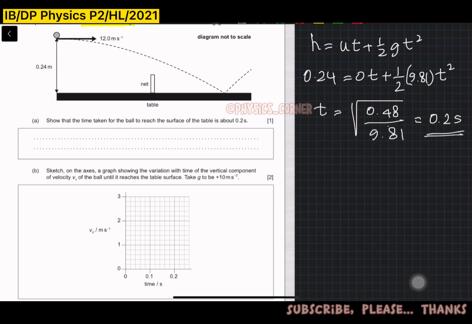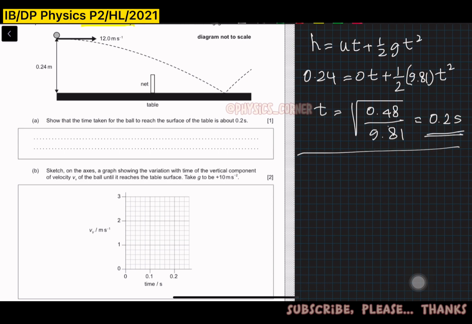Okay, they have velocity at 0.2 second, so maybe we need to find the velocity after 0.2.